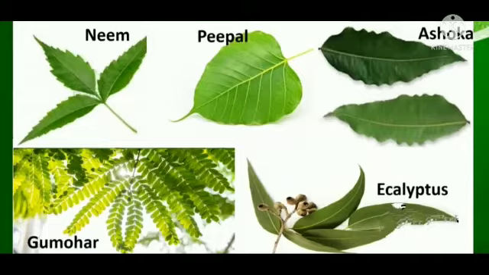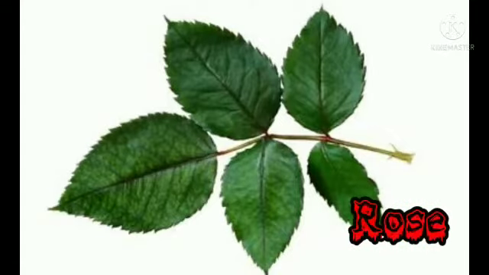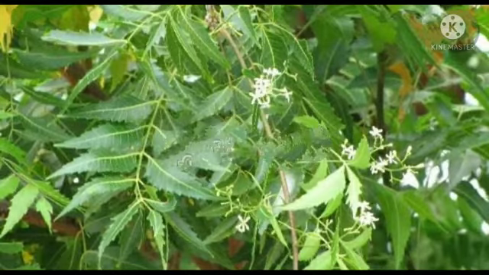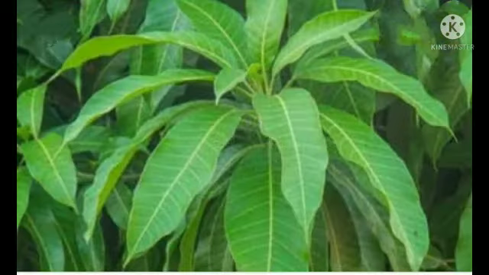Now, I will show some leaves. Can you tell me the name of the leaves? Good. What is the name of this leaf? This is rose leaf. What is the name of this leaf? This is neem leaf. What is the name of this leaf?